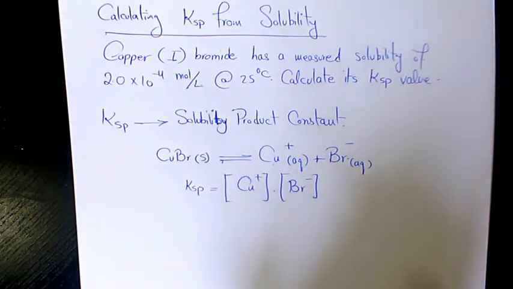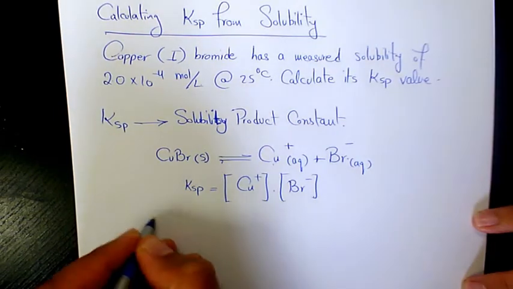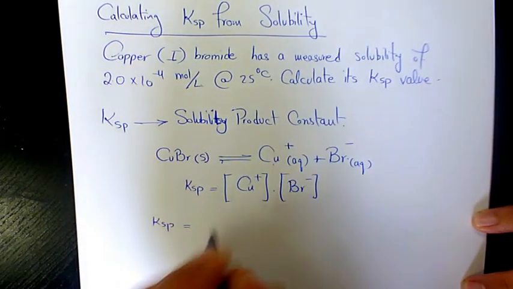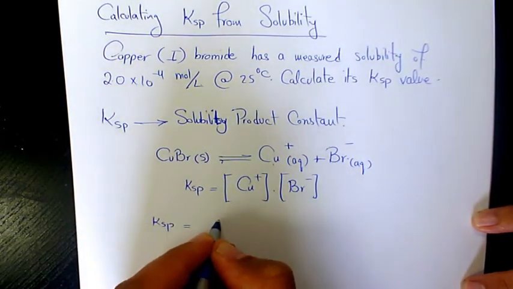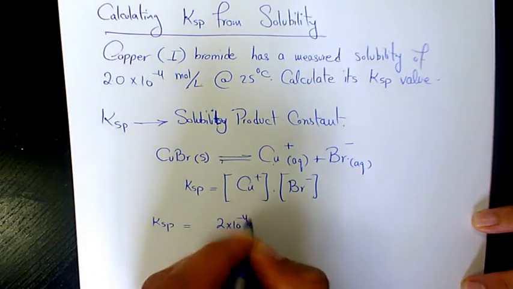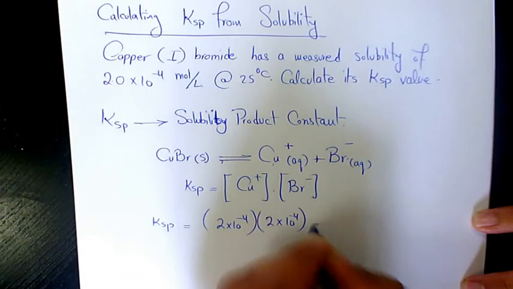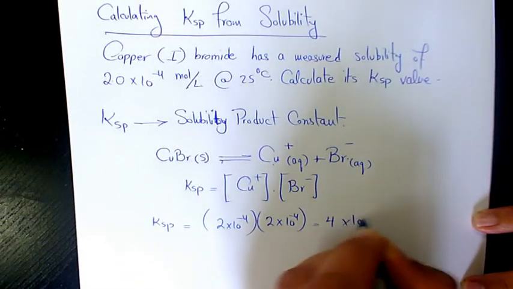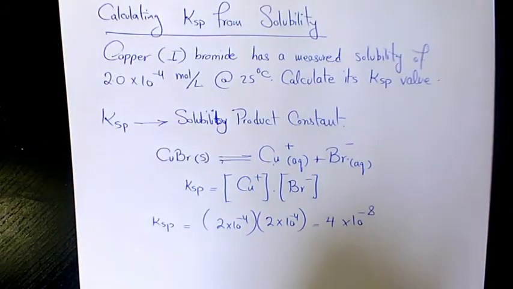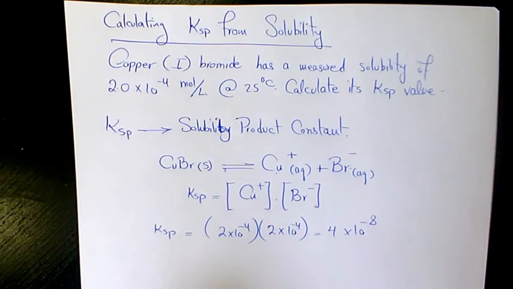So we can say KSP equals to 2 times 10 to the power of negative 4 times 2 times 10 to the power of negative 4. That's going to be 4 times 10 to the power of negative 8. So that's the KSP for this salt. Usually we don't report the unit of KSP.